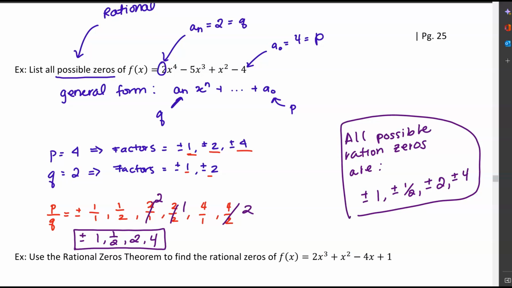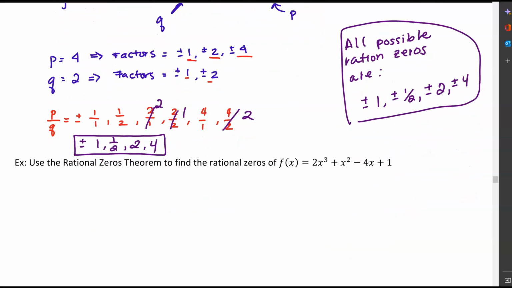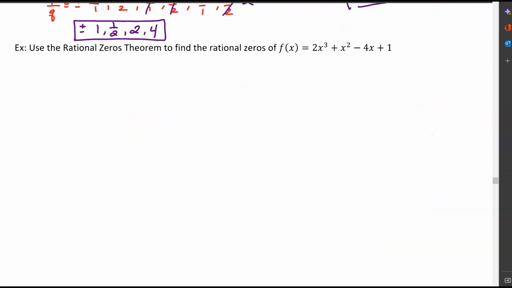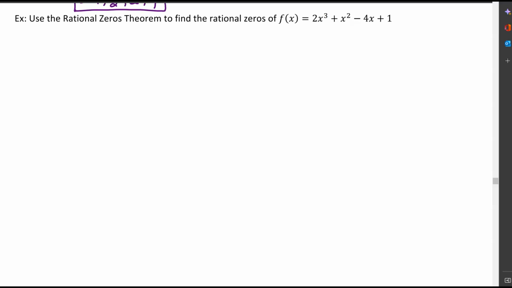Those are all the possible rational zeros that we are capable of getting from this polynomial. Okay. Use the rational zero theorem to find the rational zeros of this function. Go ahead and pause the video and try it out.